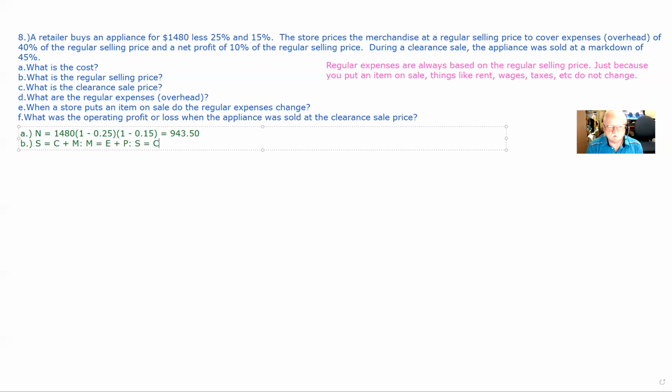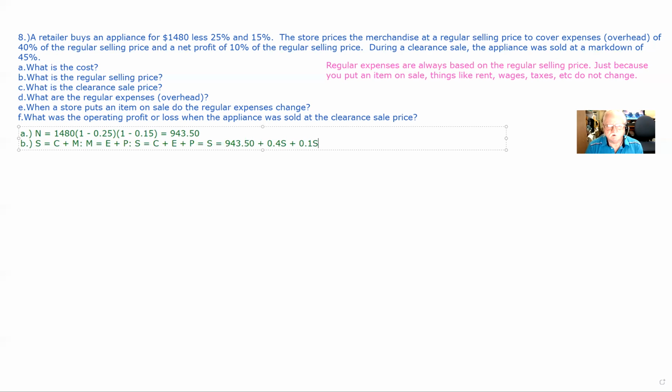S equals C plus E plus P. We can fill in what we know here. The cost is 943.50. The expenses we've been told are 40%, so 0.4 of the regular selling price, and the profit is 10%, so 0.1 of the regular selling price.